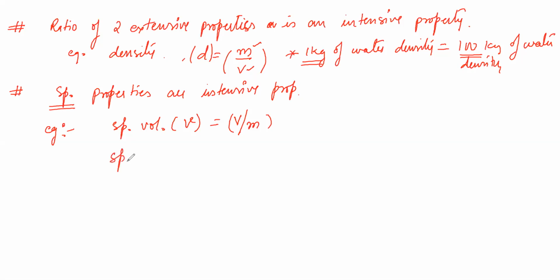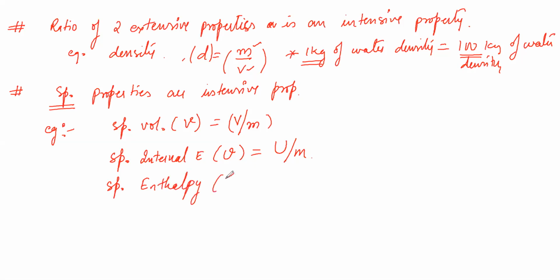Similarly, whenever I'm talking about specific internal energy, its symbol should be written like this. That is internal energy divided by mass, right? Internal energy is again an extensive property, and when it is divided by mass, it becomes an intensive property. Similarly, specific enthalpy, right?